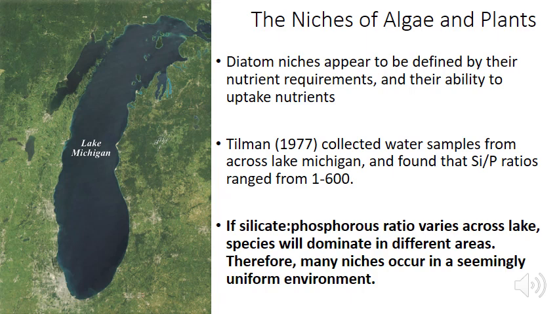This massive variation in ratios of nutrients means that although the lake looks really uniform, there is a huge diversity of niches within it. And we're at this point only looking at two different nutrients. When you look at the ratios of all sorts of different nutrients and light and other factors across that lake, the different niches that occur in that lake are actually endless.